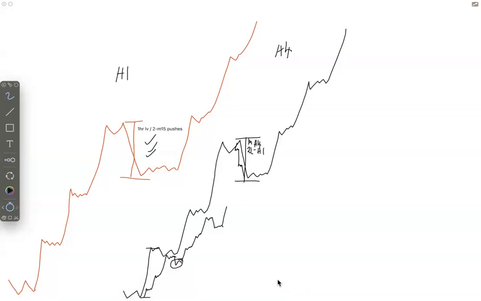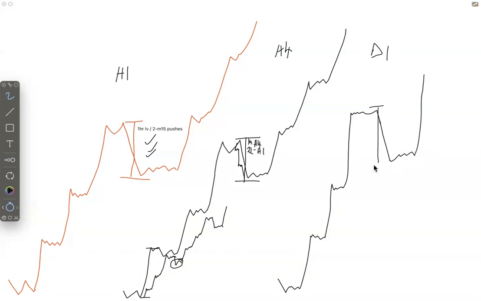Now, if we are resetting D1, okay, so we've just seen the market has just done D1. What you want to see is a whole D1 level from here to there. You want to see a D1 level, all right? So a D1 level will mean 3 4-hour levels.